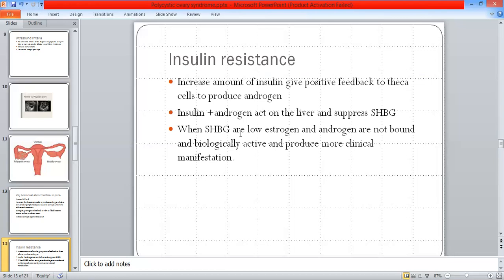When sex hormone binding globulin levels are low, the estrogen and androgen will not be bound to it, and they are present in increased amount in the peripheral circulation, and will be biologically active. This free estrogen and androgen are responsible for the clinical manifestation of polycystic ovary syndrome: more androgenic and more estrogenic clinical features, more acne, hirsutism, mood changes.